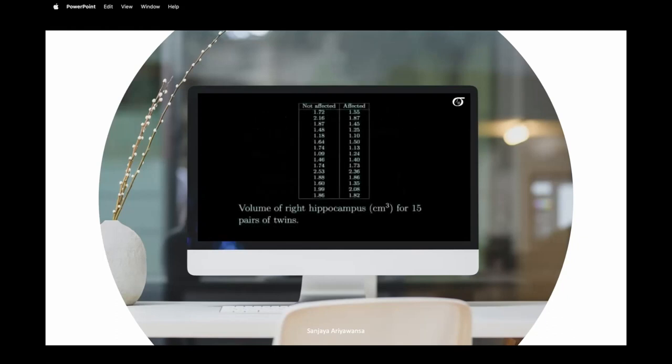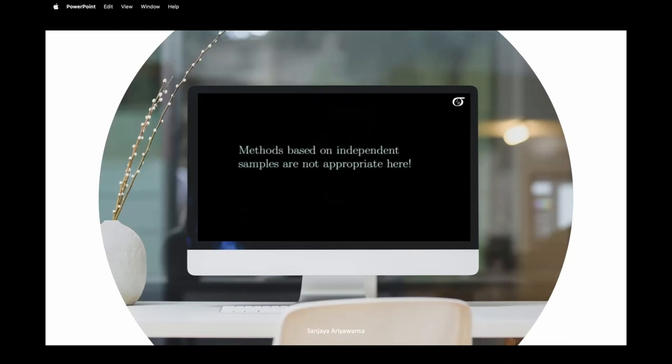And here we have the results. This first pair is representing the volume of a slice of the right hippocampus for these 2 twins. This first twin did not have schizophrenia, this twin did. And so we have dependent measurements here. They're not the same individual, but there's certainly a tie in there. They're identical twins. So methods based on independent samples are not appropriate here.